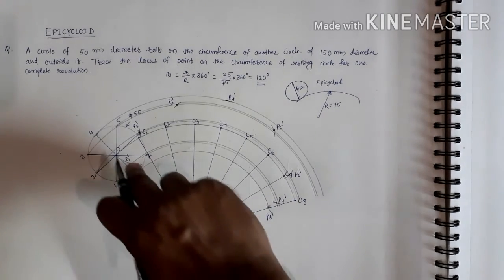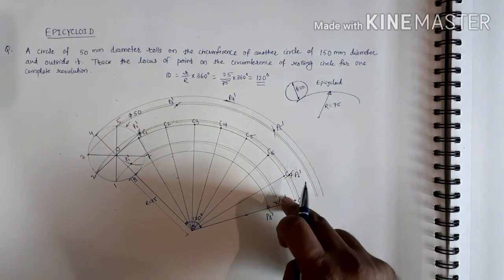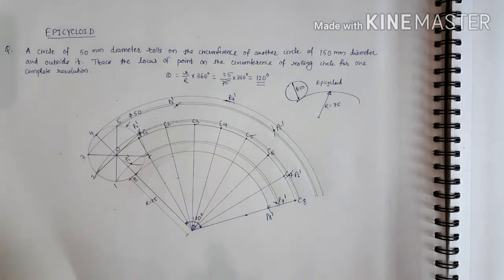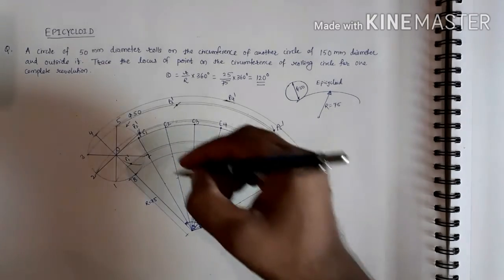These are the points on the epicycloid. So join all the points to get the curve epicycloid.